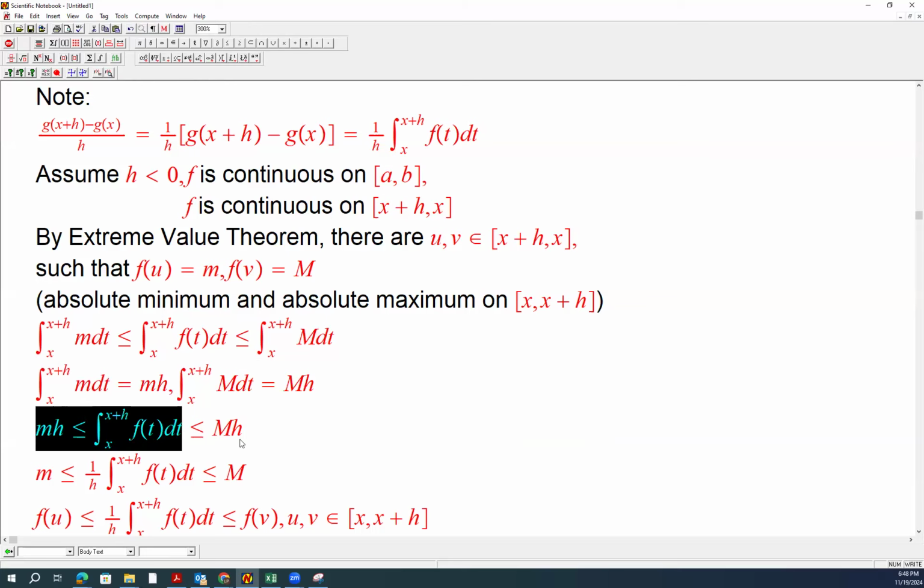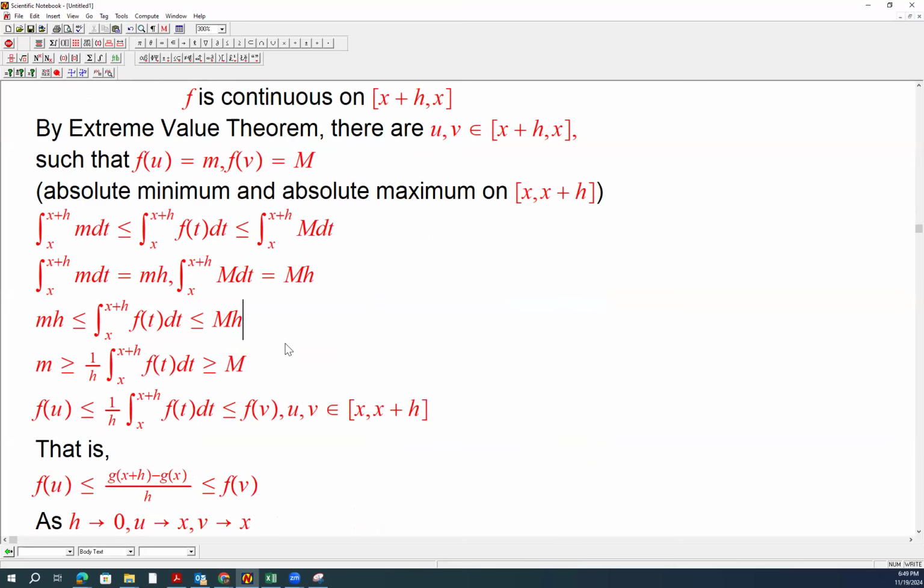However, once we get here, we divide both sides by H. This will be switching directions after we divide by H, since H itself is negative. But no fear.